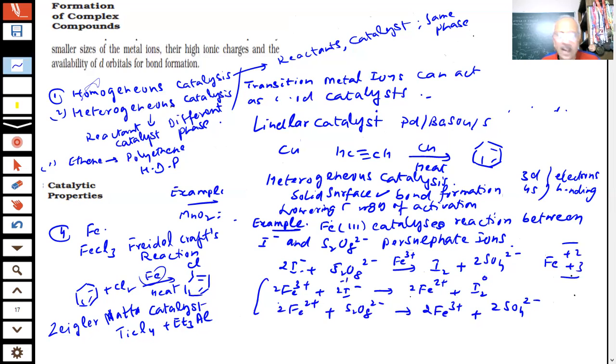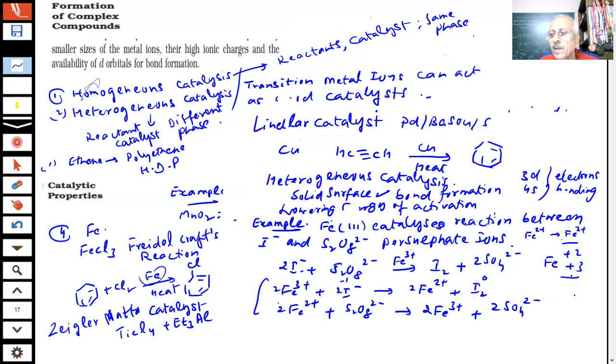Here, because iron can exhibit variable oxidation states, plus 2 and plus 3, it catalyzes the reaction between I minus and S2O8 2 minus persulfate ions. Iron can change its oxidation state from 2 plus to 3 plus.